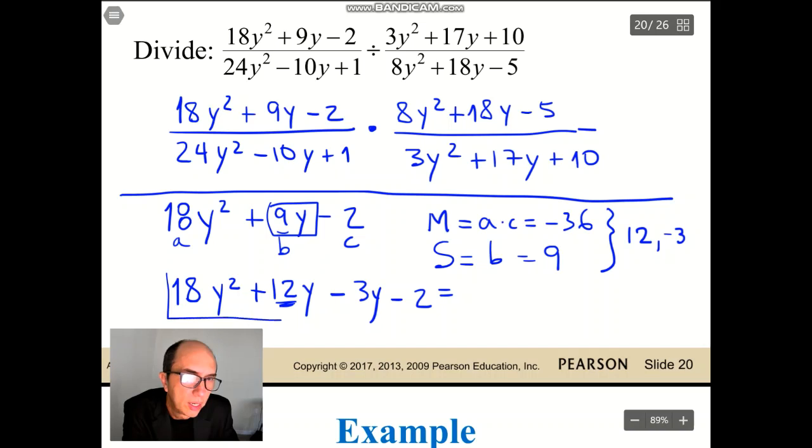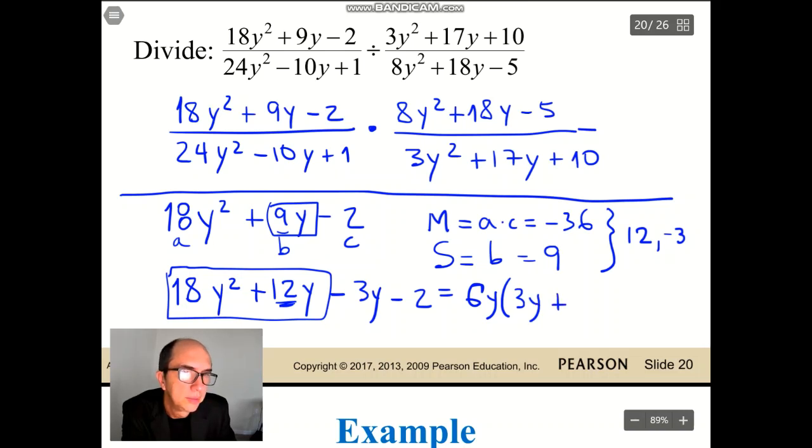Now we factor out whatever we can, and we can factor out 6y here. Then we have 6 times 3, 18, y squared, plus 6 times 2, 12, minus, and let's factor out 3y here.